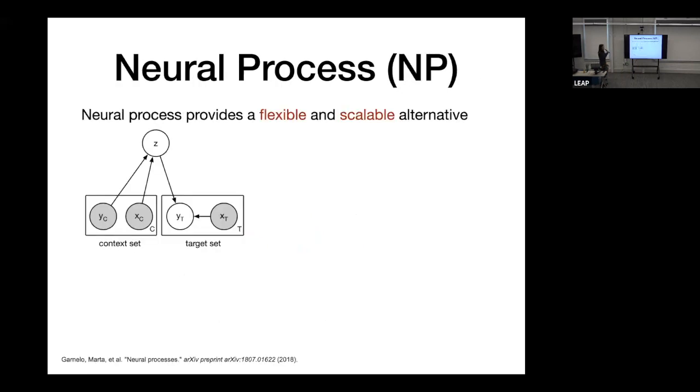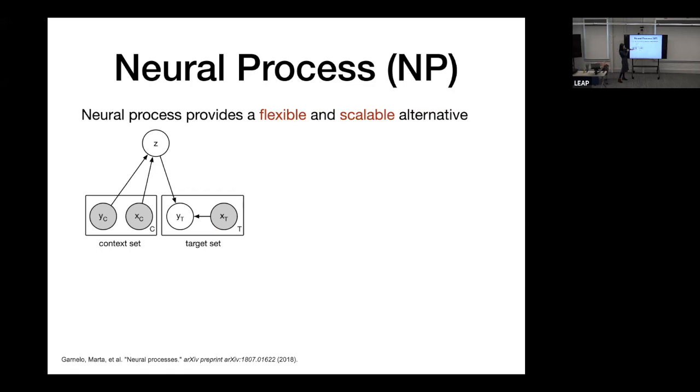So naturally, there is this idea of combining deep learning with Gaussian processes. And this is a work called neural process. The neural process idea is that instead of manually designing the kernel function in Gaussian processes, we can use a neural network to learn the kernel function, very similar to the TurbulentFlowNet idea that we presented earlier. So in a neural process, we have the input data X_C and output Y_C.